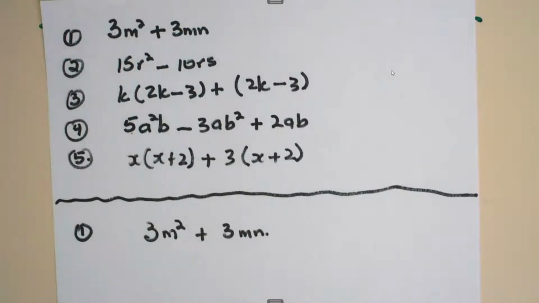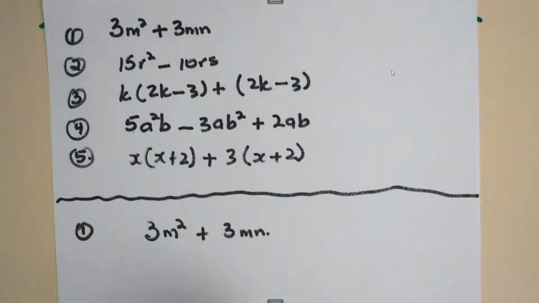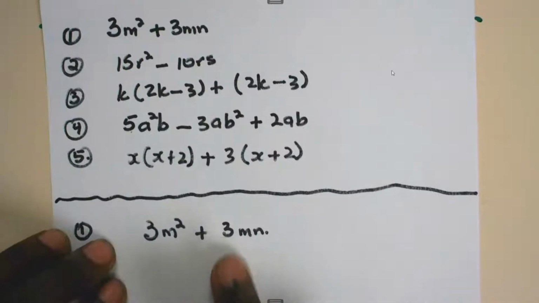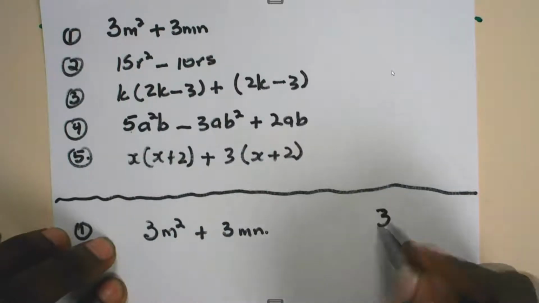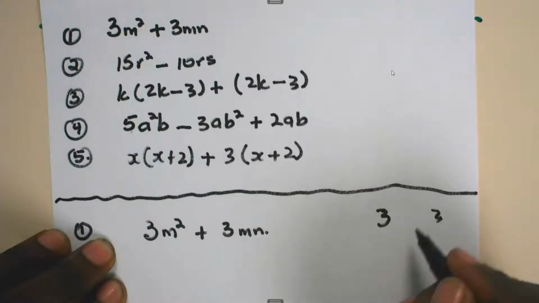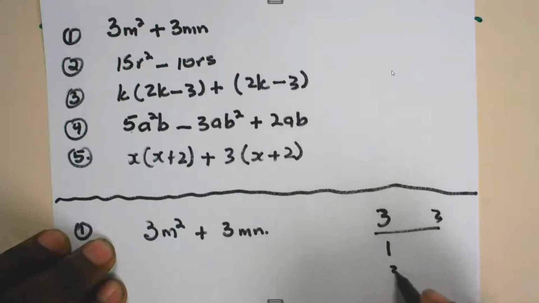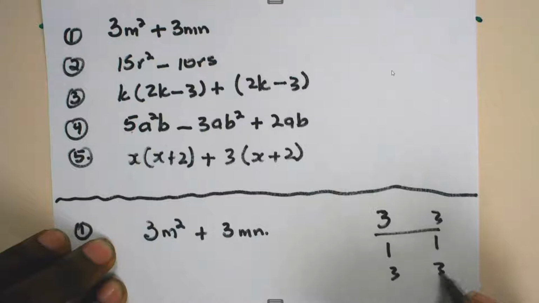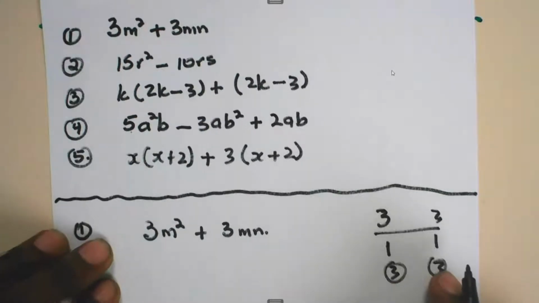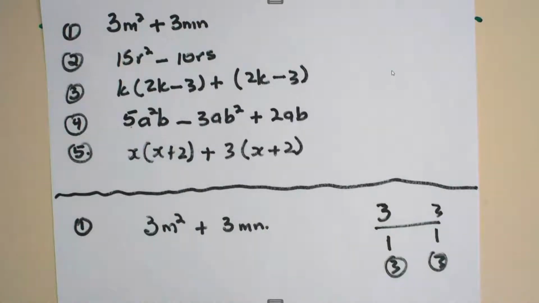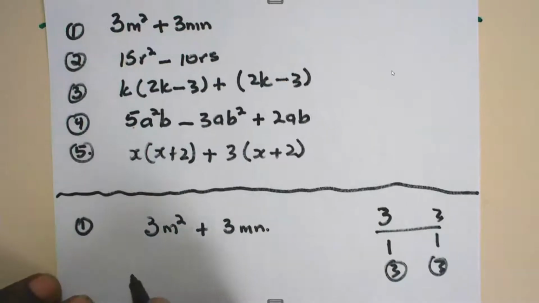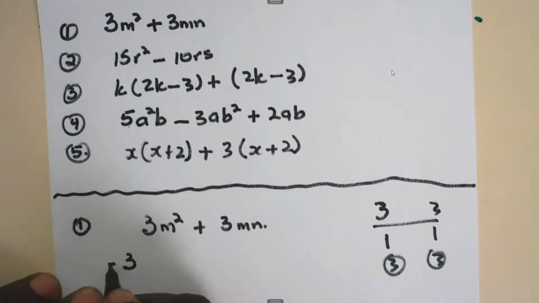Remember, when we started, you have to find the factors of 3 and 3. The factors are 1 and 3, and 1 and 3. But now 3 becomes common because you can take out that 3. Therefore, we take out 3 as a common factor.